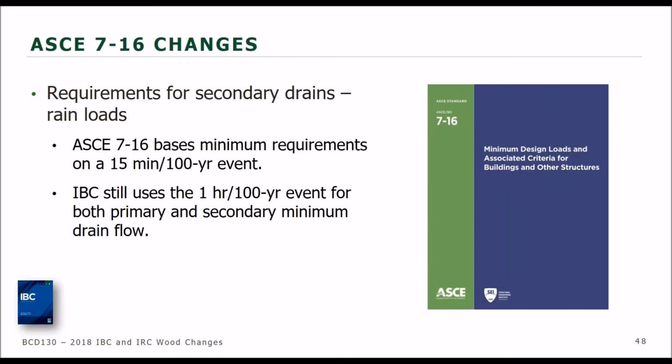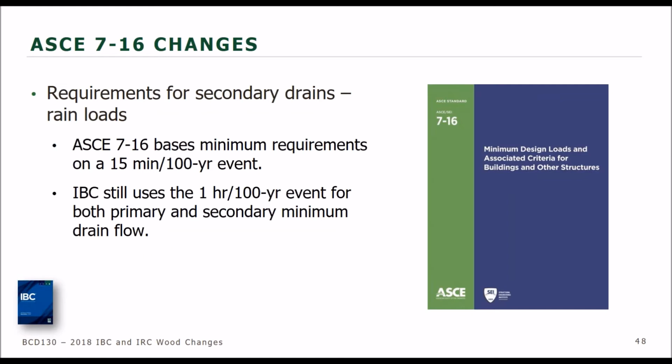Another area where there is some disconnect between the IBC and ASCE 7 has to do with roof drainage and determining the rain loads. There's a requirement for secondary drain loads, but the criteria is different between the IBC and ASCE 7.